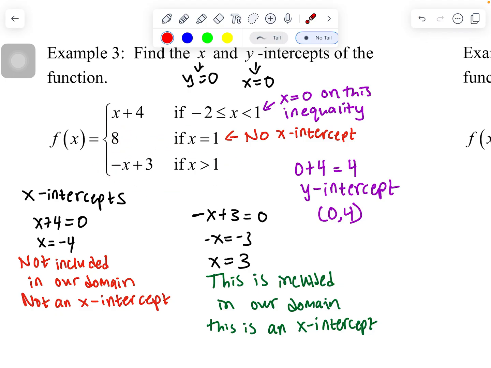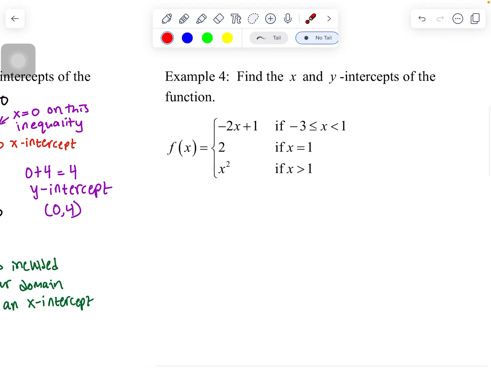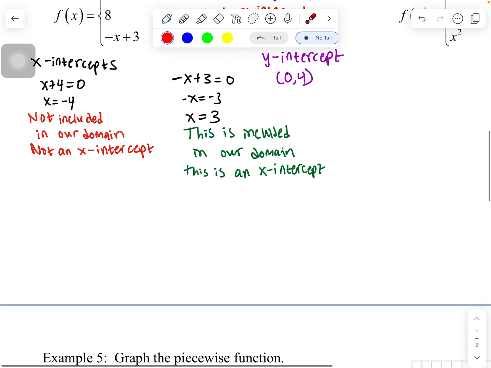But this one, when we solved it, we got a value of 3, and we know for a fact that 3 is greater than 1. Because that inequality remained true with our x value, we do have an x-intercept on that piece. So go ahead and work through that next one for me, please, and we'll continue on.